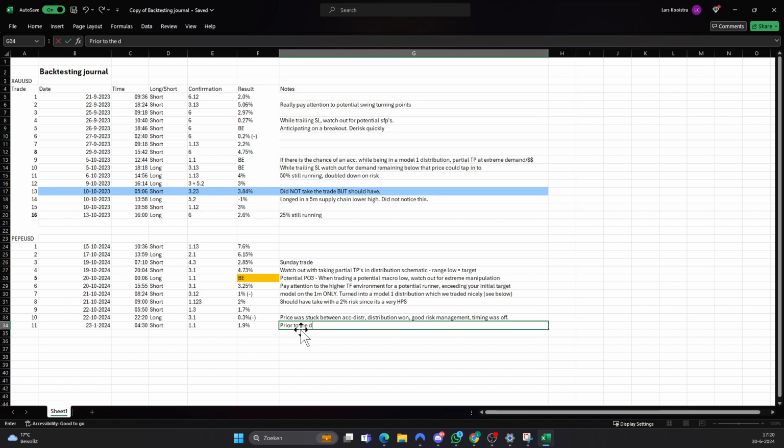And then we're going to say prior to the distribution, we had a clean accumulation.